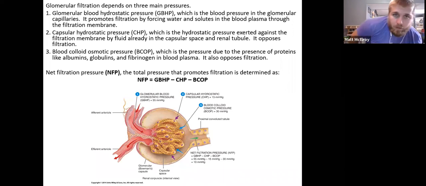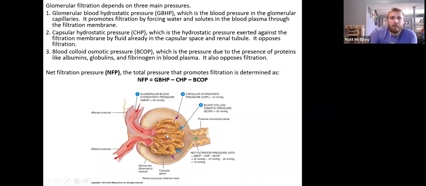The first is the pressure inside the glomerular capillaries that I was just talking about. This is called glomerular blood hydrostatic pressure, GBHP, and it promotes filtration by forcing the water and solutes out into the capsular space through the filtration membrane that we talked about last time.